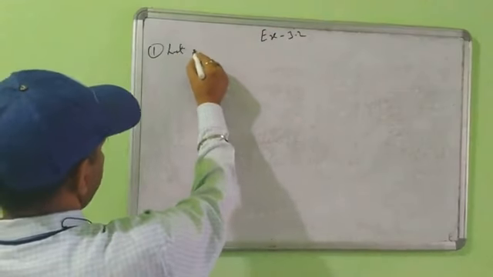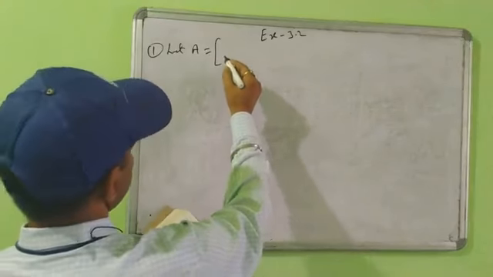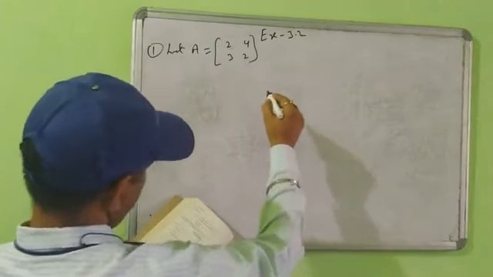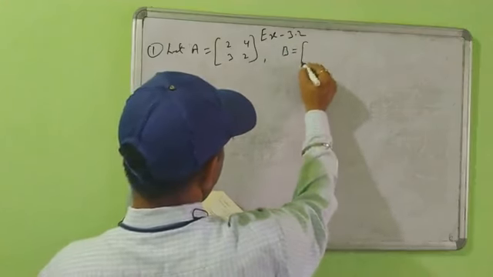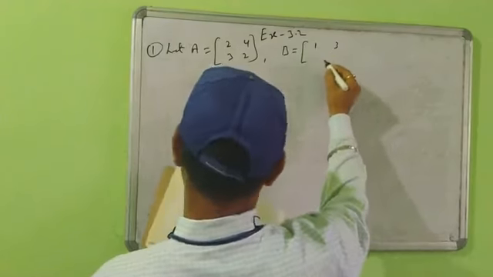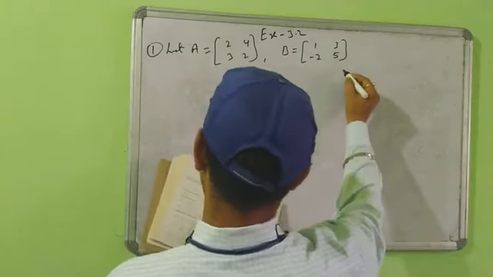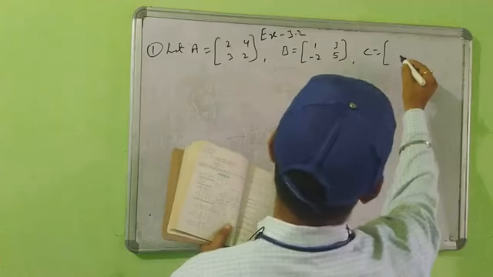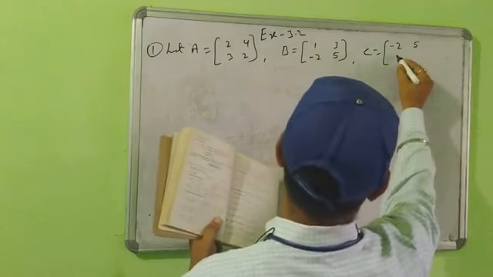Let A equal matrix 2, 4, 3, 2 and matrix B here 1, 3, minus 2, 5 and matrix C here minus 2, 3, 4.